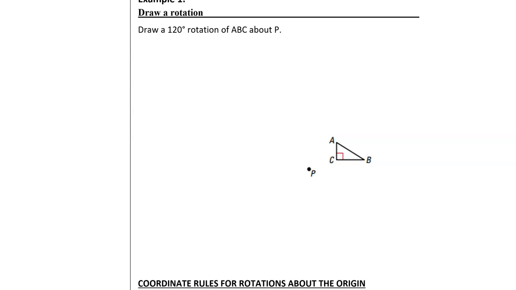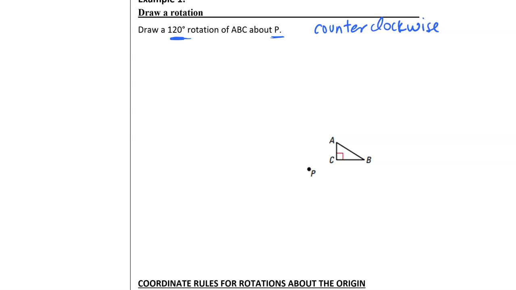We'll kind of see what we get. I'm going to try to rotate each point 120 degrees around point P. Let's do a counterclockwise rotation. It's always assumed counterclockwise unless it's said otherwise.